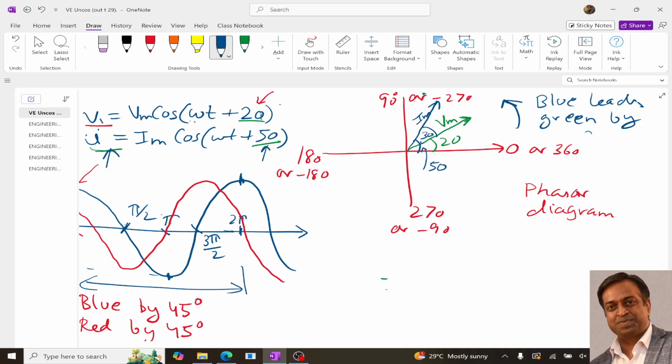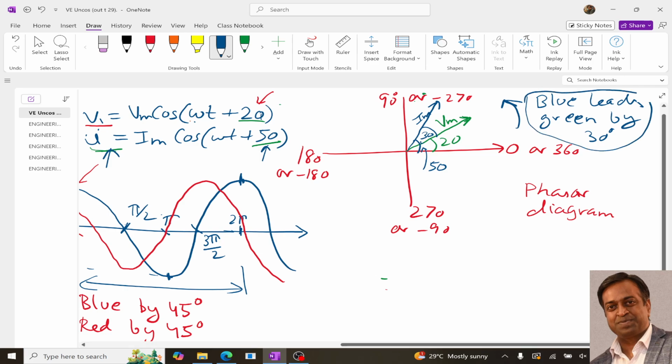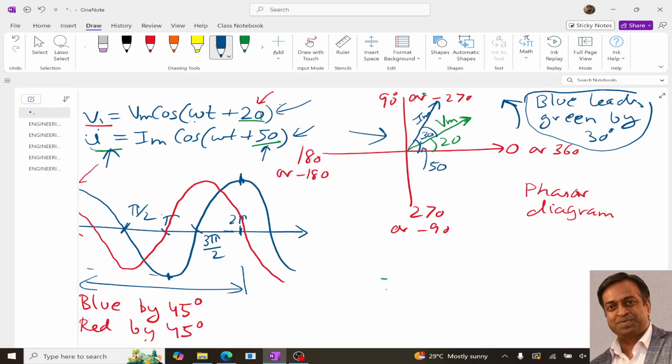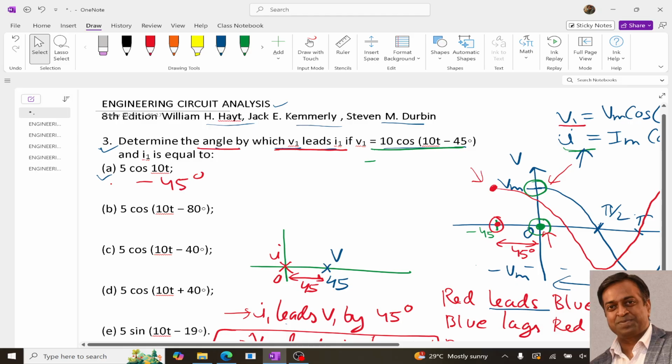So blue leads green by 30 degree, right? So simply it means that if we are given this type of expressions, we can draw the phasor vectors, right? And the angle difference between the two phasor vectors will give us the angle of leading and lagging, and the one that is ahead is leading.